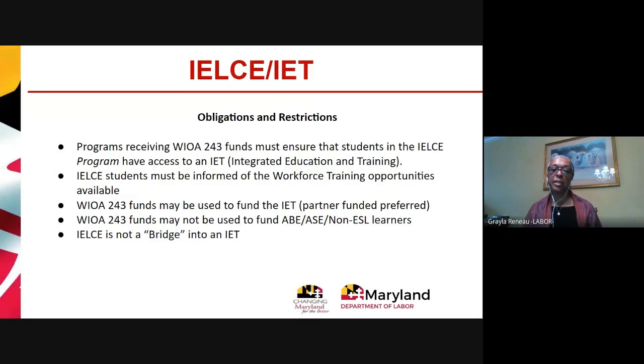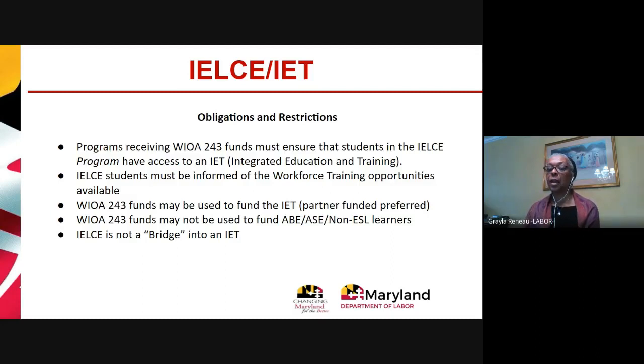WIOA 243 funds may not be used at any time to fund ABE, ASE, or any other non-ESL learners. So I know that some programs are proposing to combine students in their IET, which is permissible, but you will need to be able to document and divide your funds to ensure that you are not paying for any ABE, ASE, or non-ESL learners that are in that IET.